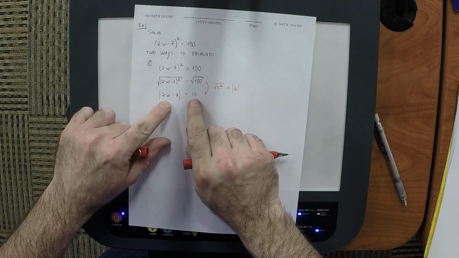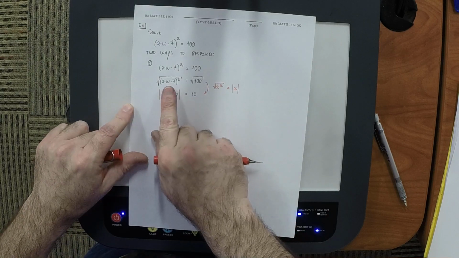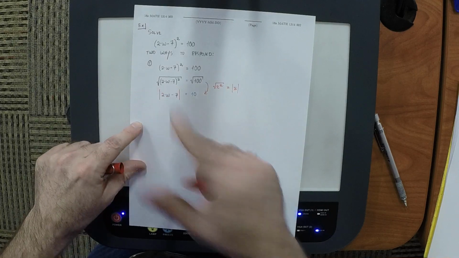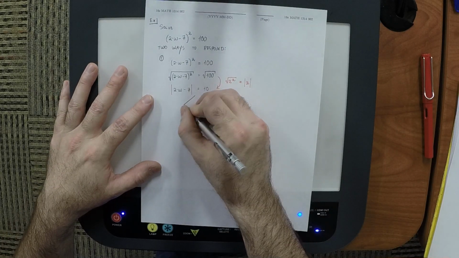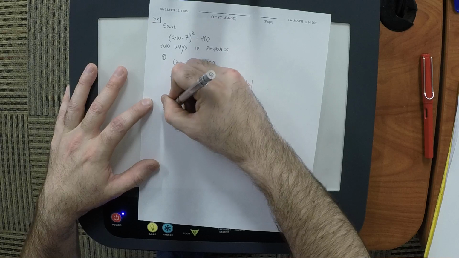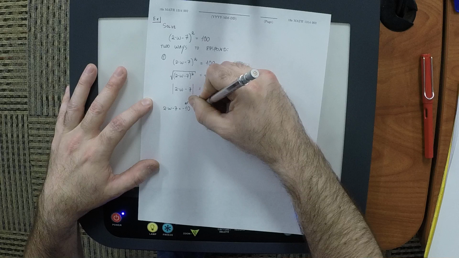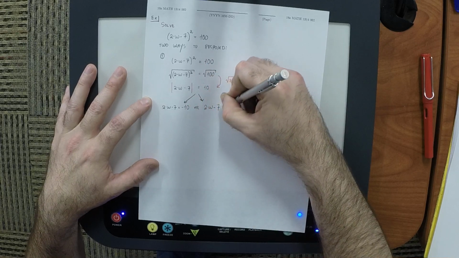Now, what I want you to see is that this is just like the ones we did last class, isn't it? So what could you provide as input to the absolute value so that 10 would come out? Negative 10 or 10. So I'll just rush through that, because we did that last time. So 2w minus 7 might be negative 10, or 2w minus 7 might be 10.